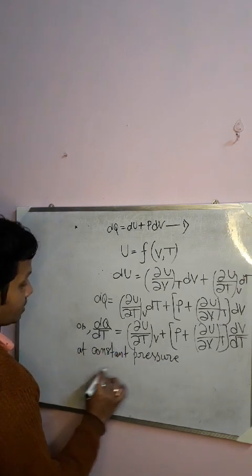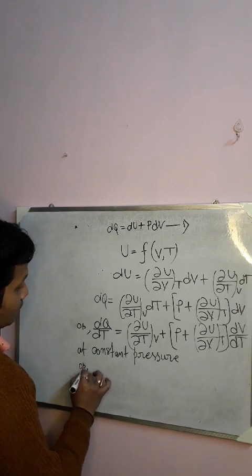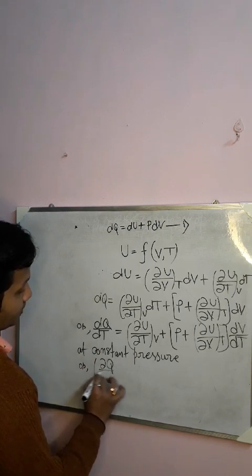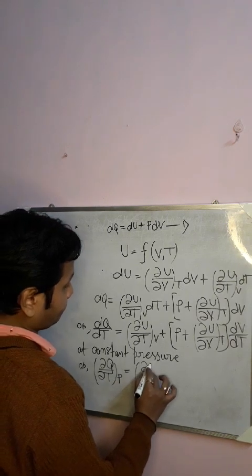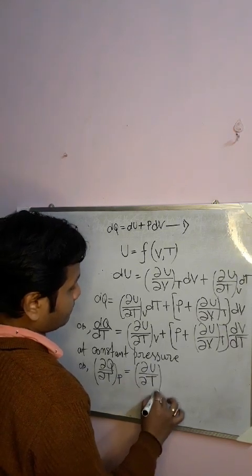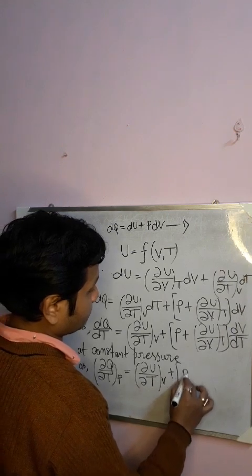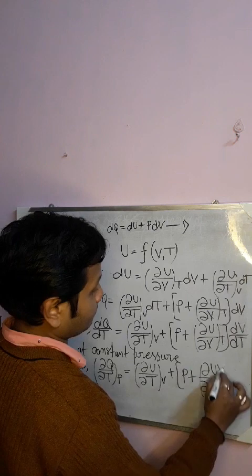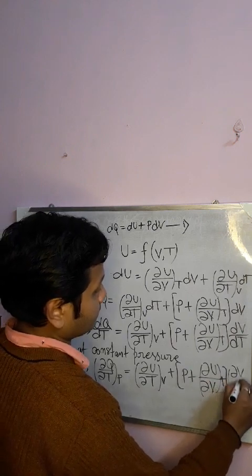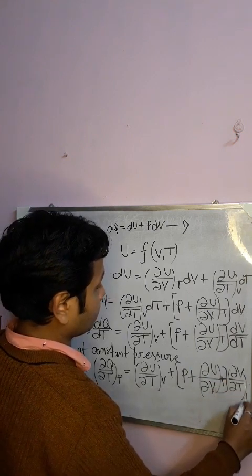This becomes (del Q/del T) at constant pressure, and this becomes (del U/del V) at constant temperature times (del V/del T) at constant pressure.